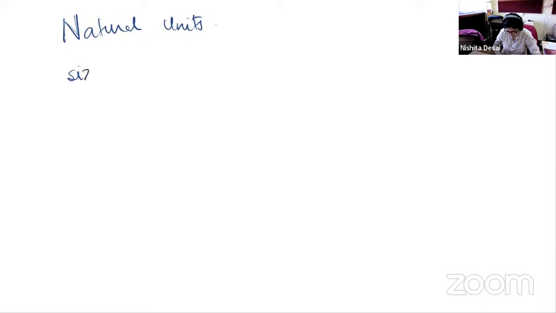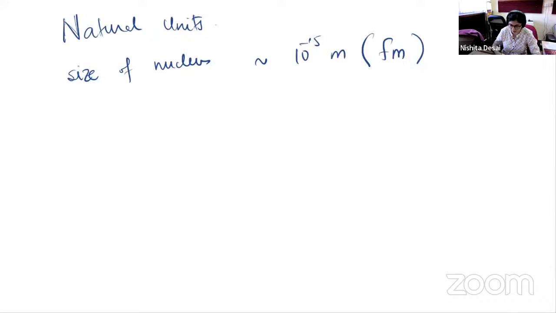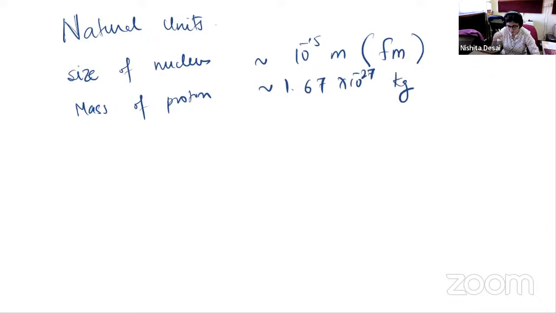Normally the size of the nucleus is of the order of 10 to the minus 15 meters, which is also called femtometers or Fermi. Mass of the proton is about 10 to the minus 27 kilograms. You can see that both these numbers are very small.